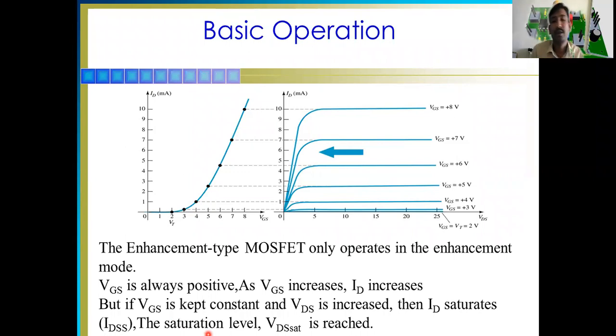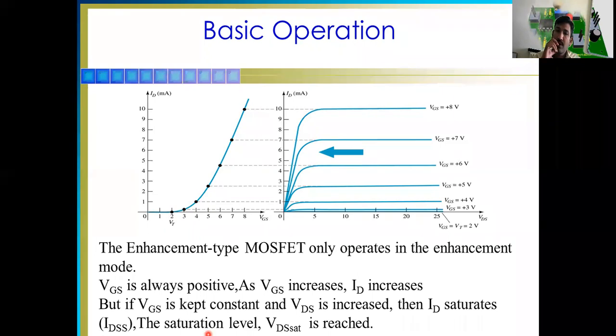When we keep VGS constant and VDS, the voltage across the drain and source, is increased, then ID goes into saturation mode, right?